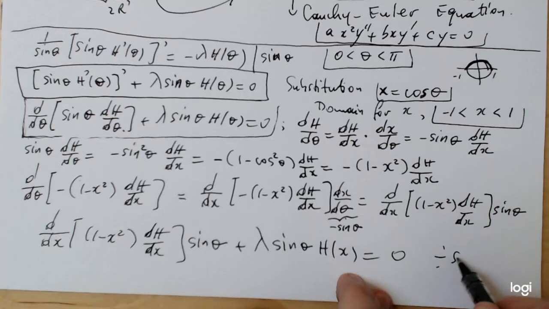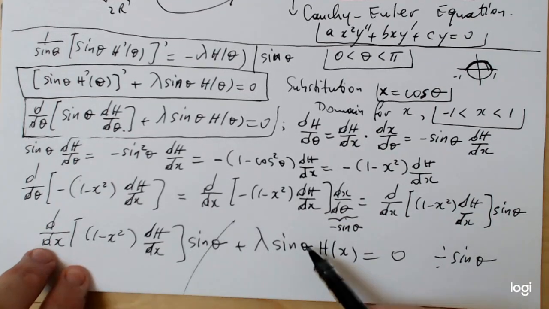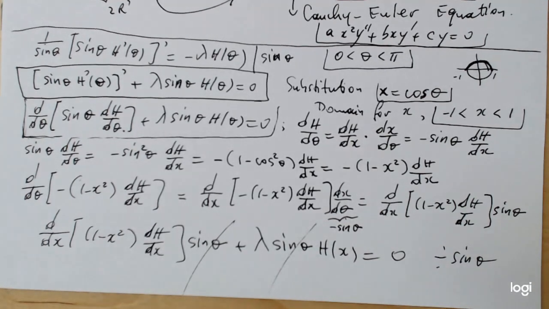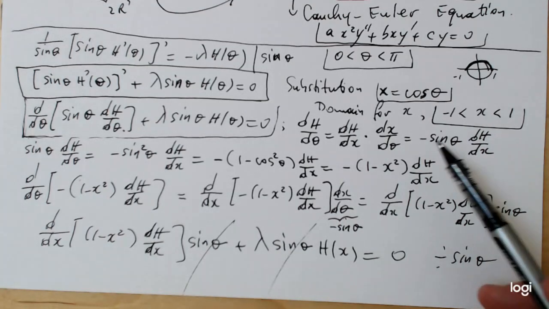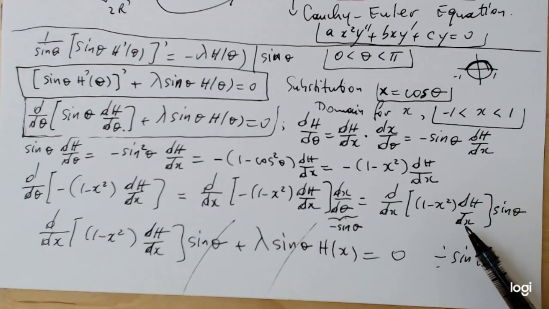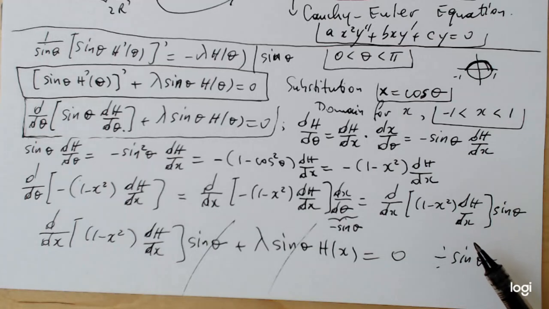If we divide by sine of theta, sine cancels. Again, we assume theta is between 0 and pi, which means sine of theta is not equal to 0, so we can cancel it out. And then we arrive at an equation in x.